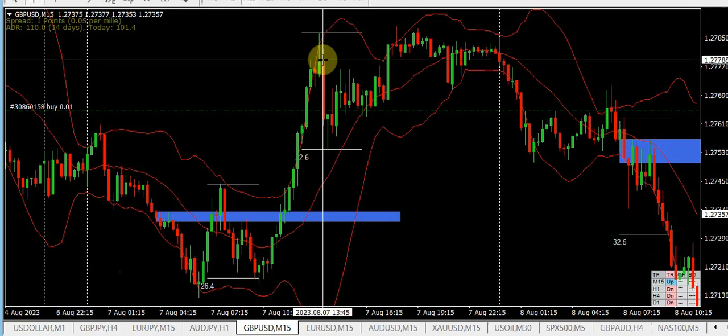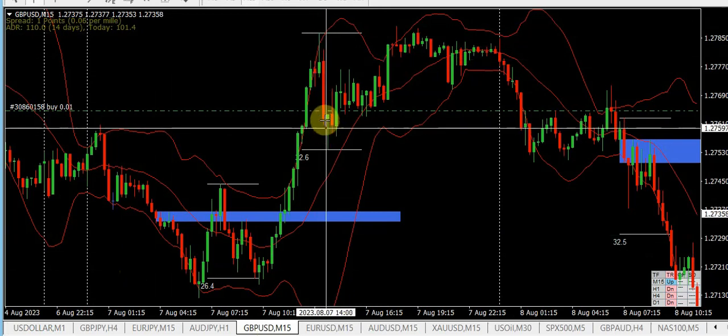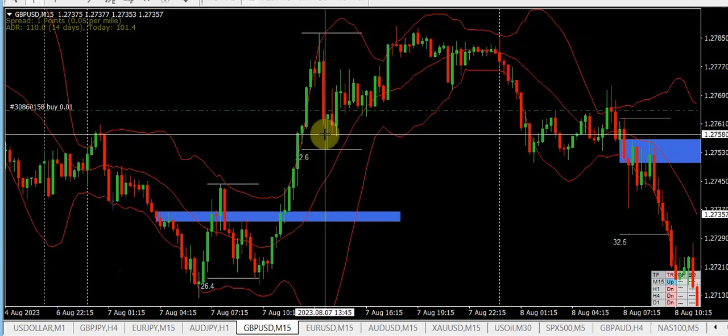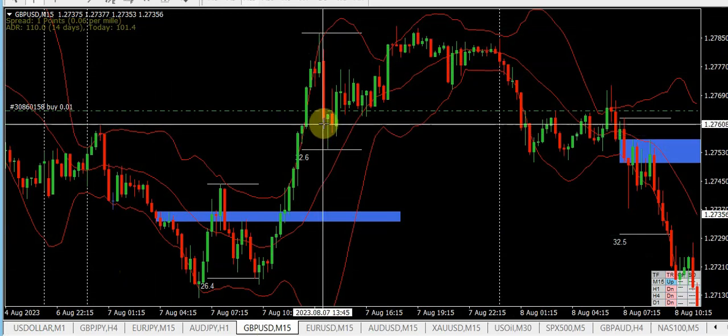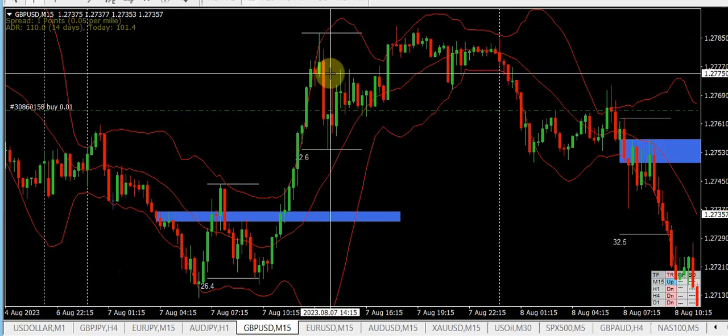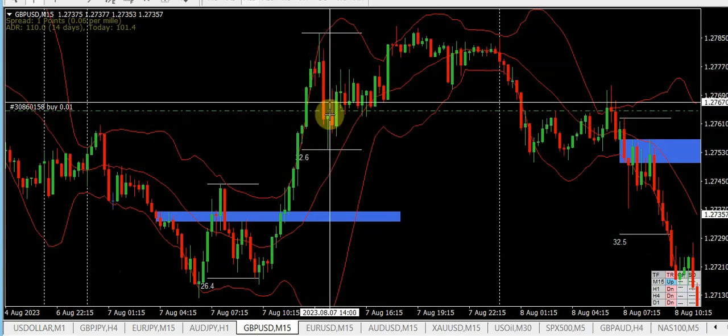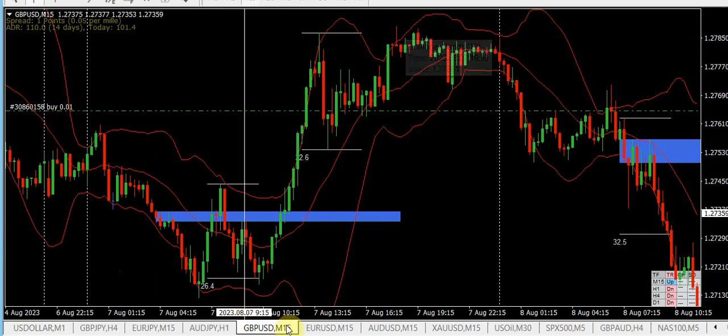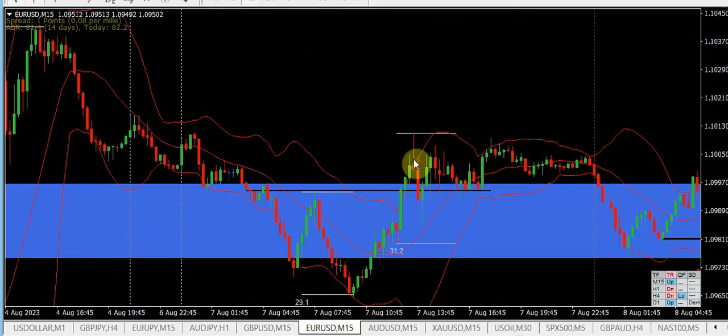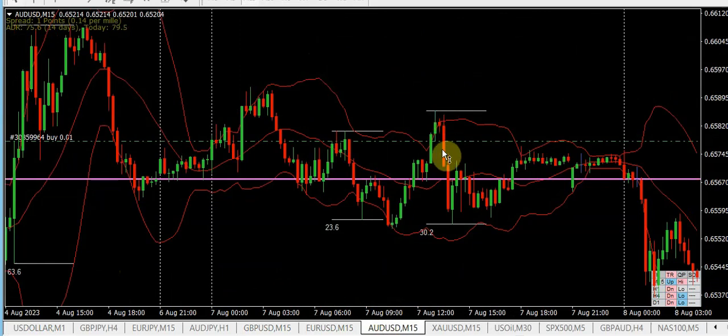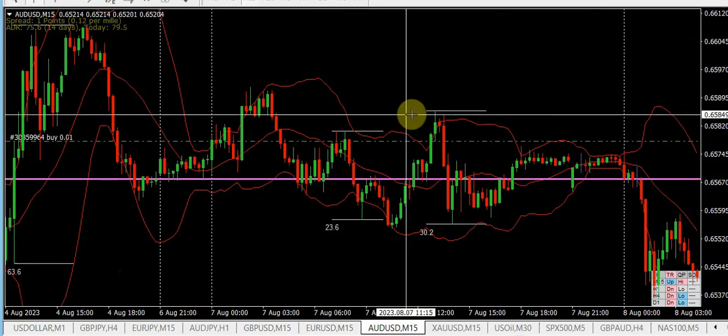So you'd be looking to long the dollar, so shorting pound dollar. You can see you've already missed the bulk of that move, so you wouldn't want to take it from there. You'd want some kind of a retracement, but it doesn't matter because it didn't work. And it was the same thing on EU and Aussie dollar as well.